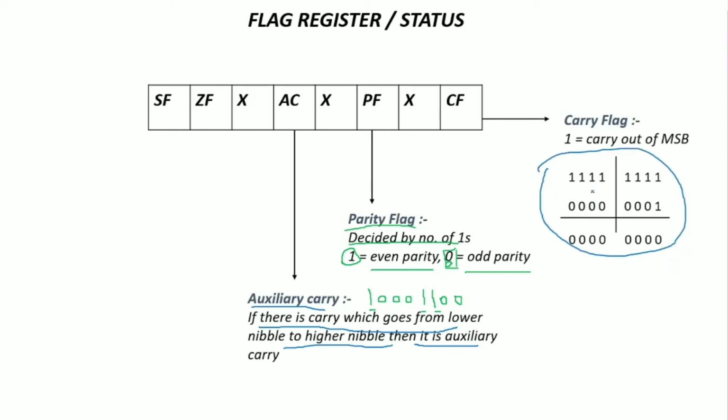When we solved this particular example, what we saw is that this particular section is the lower nibble and this particular section is the higher nibble.